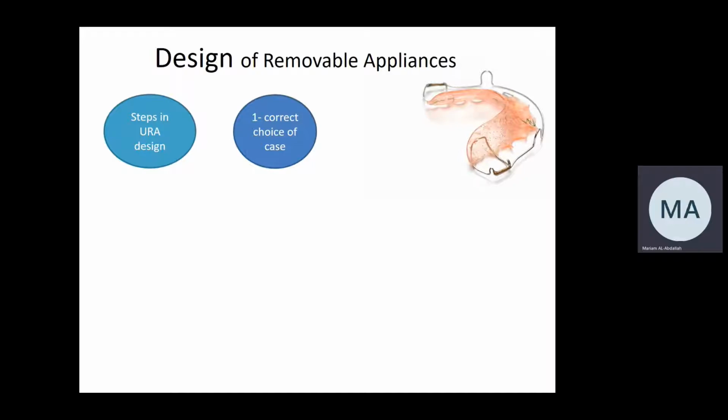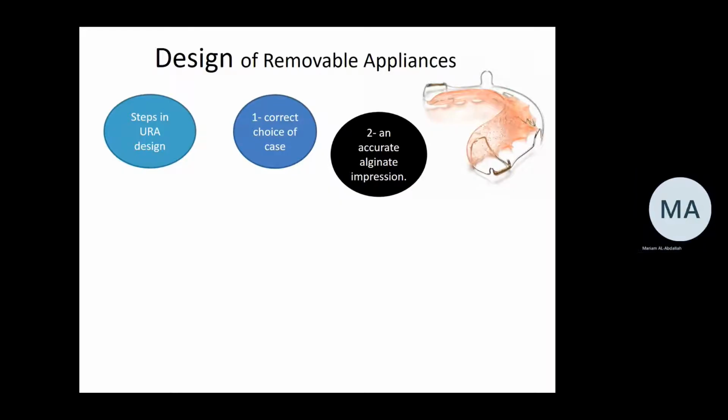Removable appliances can only produce simple tipping movement. If this can correct the features of malocclusion that the patient presents with, then we can use this appliance for this patient. We have to have proper records, especially impression with alginate, in order to construct a removable appliance that can fit accurately inside the patient's mouth.